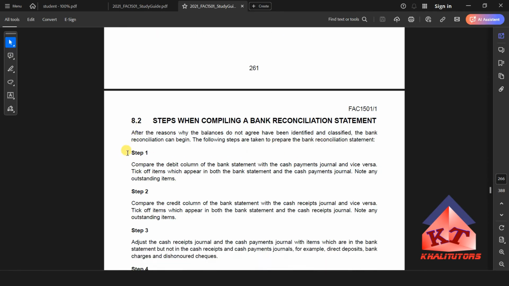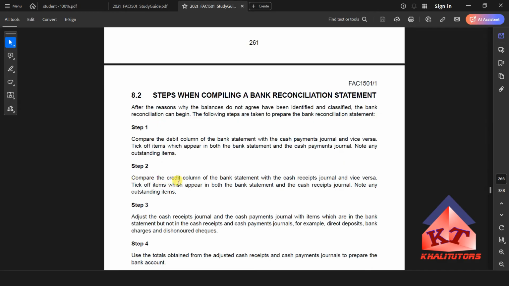Step number one: compare the debit column of the bank statement with the cash payments journal and vice versa. Tick off items which appear in both the bank statement and the cash payments journal. Note any outstanding items. Then compare the credit column of the bank statement with the cash receipts journal and vice versa. Tick off items which appear in both the bank statement and the cash receipts journal.